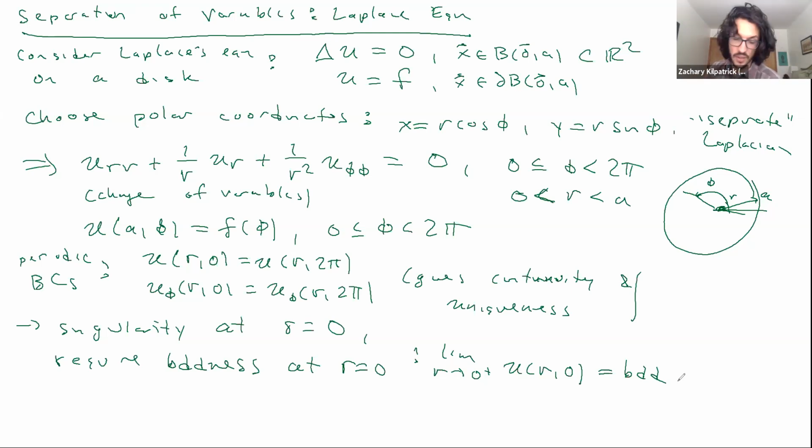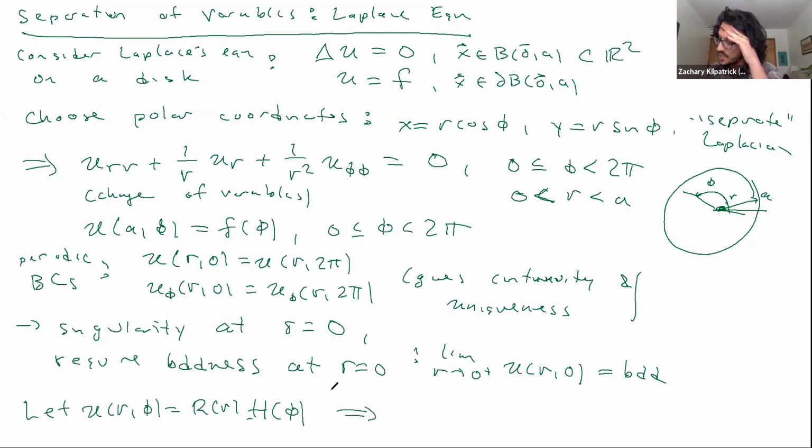Now we can essentially just take off and use our separated solution assumption. Okay. So I'm going to call these functions R and h. And when I plug into the PDE, what do I get?